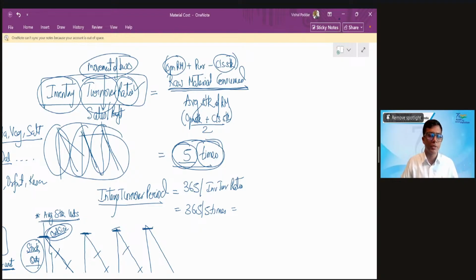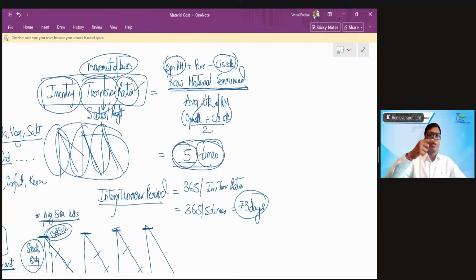I hope you are getting this, correct? So roughly what I am getting is 73 days. It means my one cycle of material purchase and then consumption will take 73 days. Then the second cycle will start, purchase and then consumption.